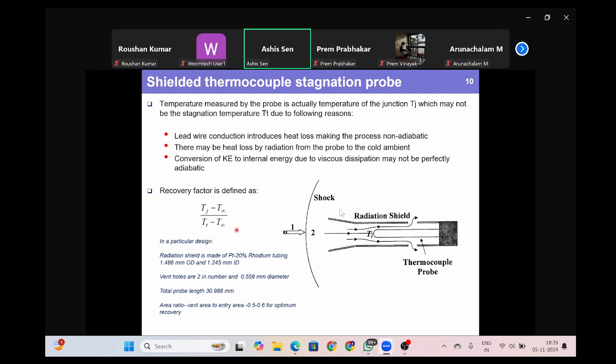So you define a parameter called the recovery factor to quantify how much of the energy of the fluid is converted into the stagnation temperature. This is the actual thermocouple junction temperature minus the ambient temperature, divided by the stagnation temperature that should have been minus the ambient temperature. This is called the recovery factor.